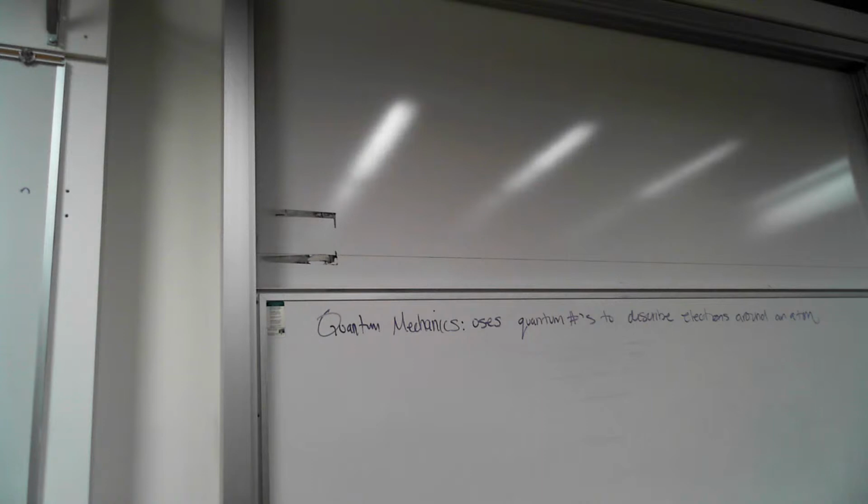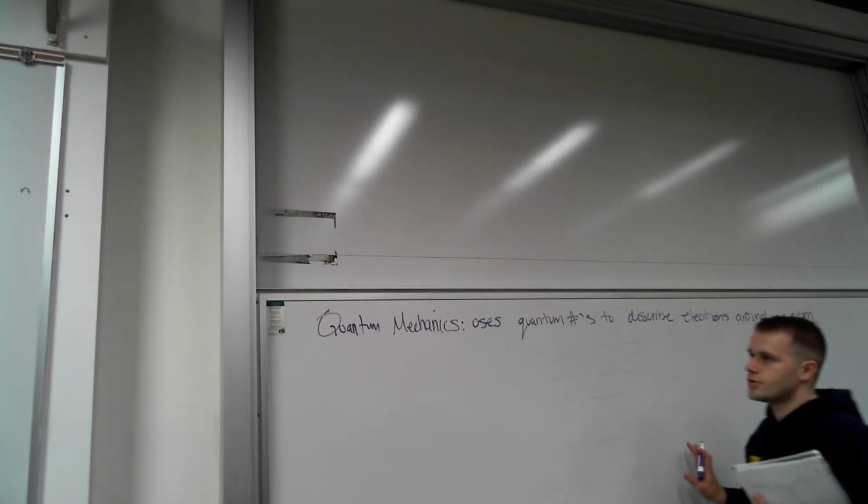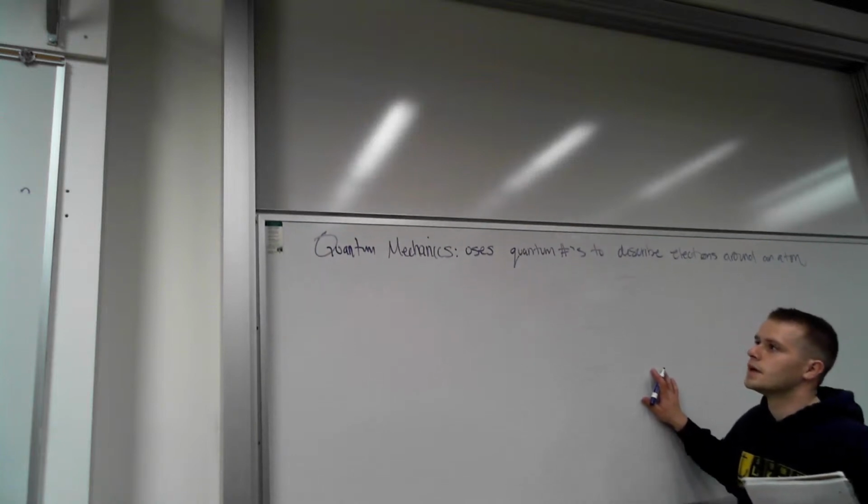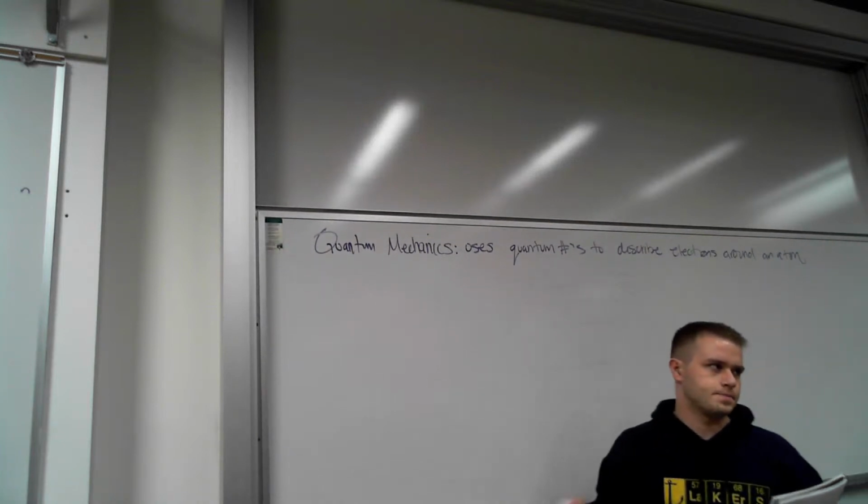Whenever we're talking about quantum numbers, we are describing an electron. If you want to think of it as an address for an electron, that is a pretty good analogy.